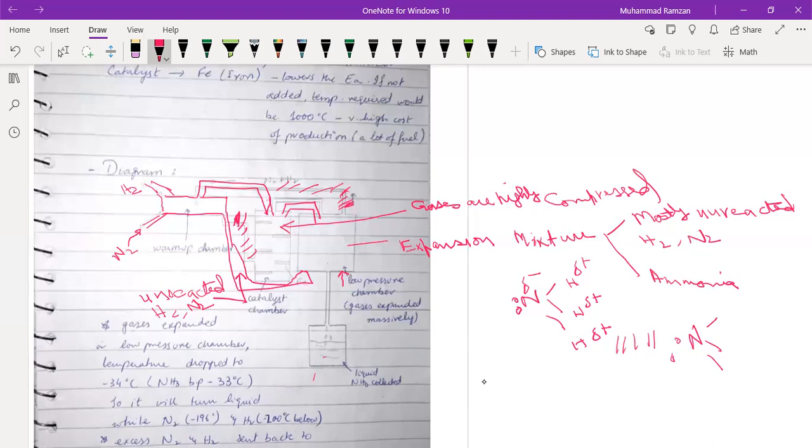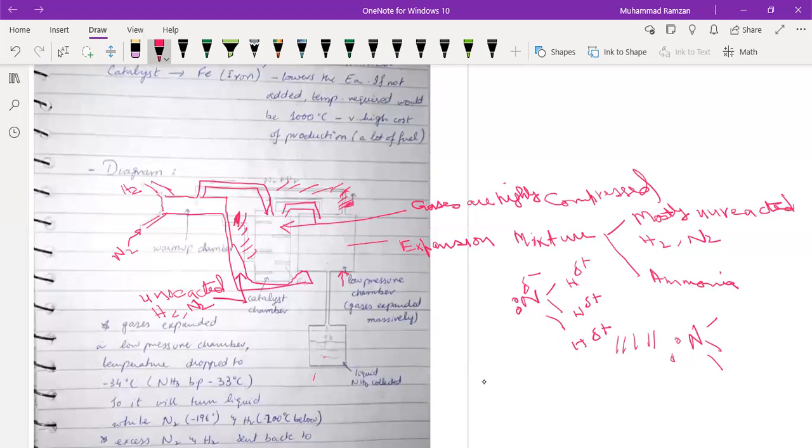That's why ammonia changes into liquid due to the cooling effect. Boiling point means the temperature when the liquid changes into gas, and again at the same temperature, the gas into liquid.